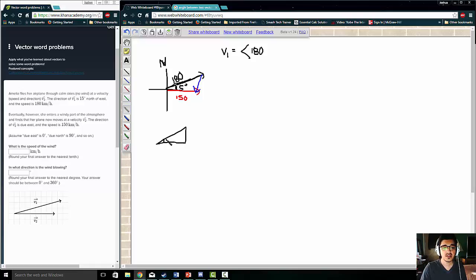It would be 15 degrees, hypotenuse 180, and we have x and y. Remember, from SOHCAHTOA, we can see that the adjacent side, the x component, would be 180 cosine of theta, which in this case is 15, so 180 cosine 15.